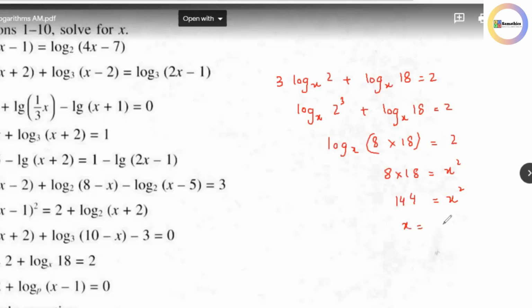So x is equal to square root of 144, plus minus 12. Then we have to check whether both are acceptable. When we write minus 12 in the base, then it will become undefined. So minus 12 is to be rejected.